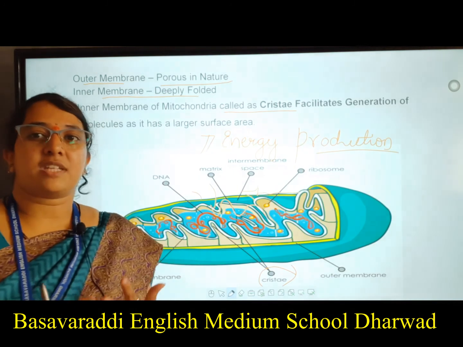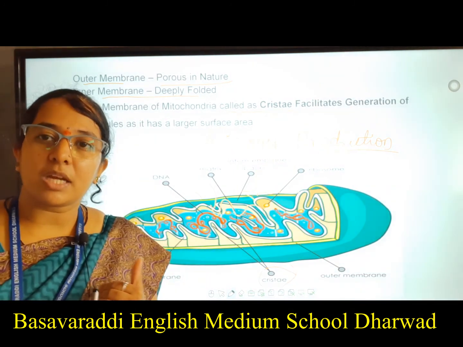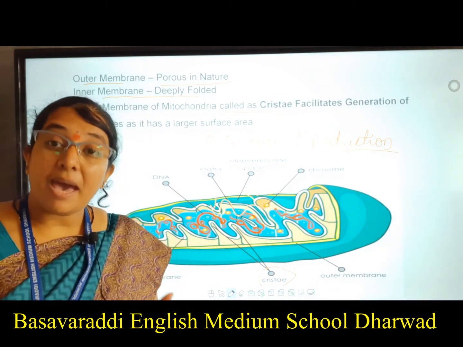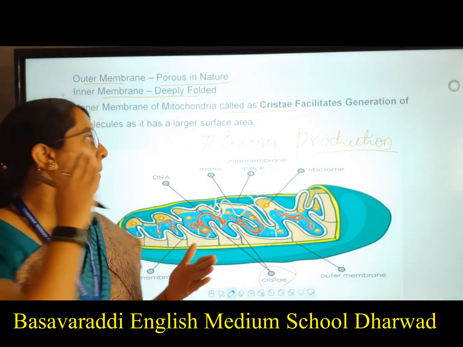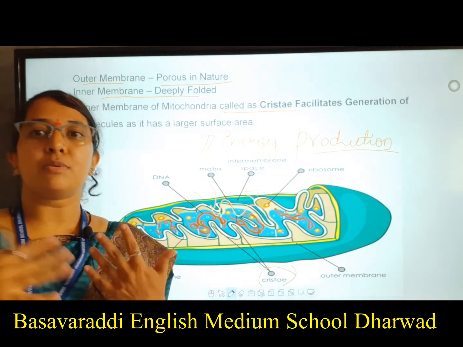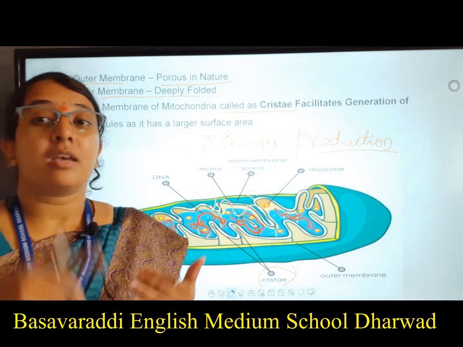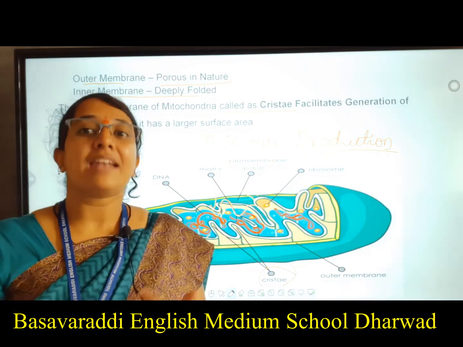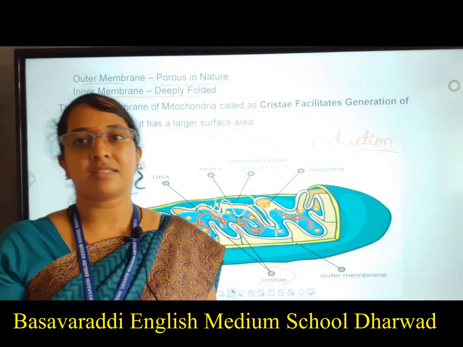Now today we have studied about endoplasmic reticulum, Golgi apparatus, lysosomes and mitochondria. In the next class we will study about plastids, then we have vacuoles and other cell organelles. Yes, thank you.